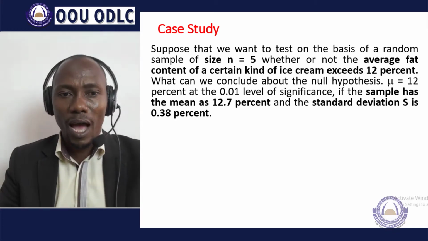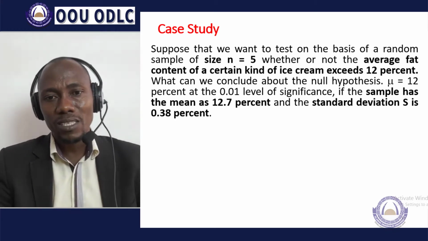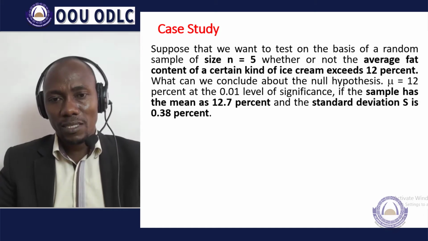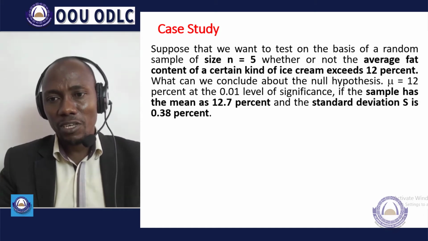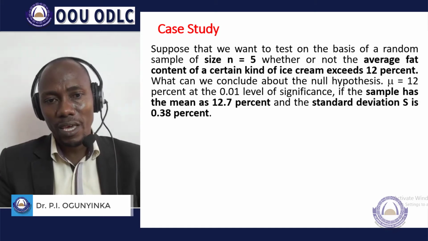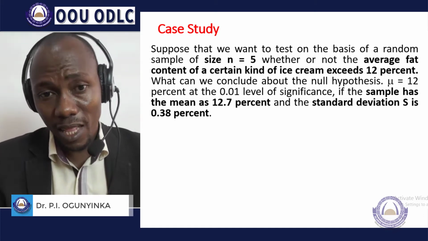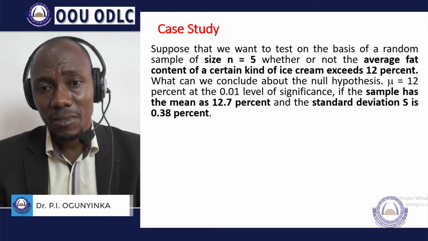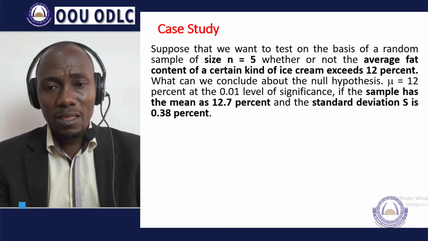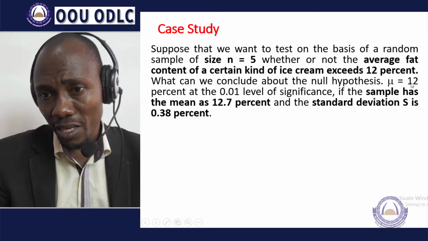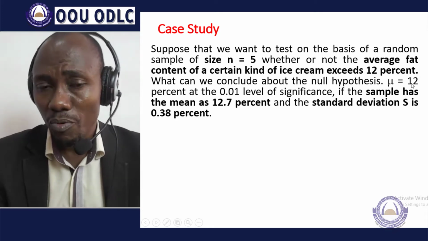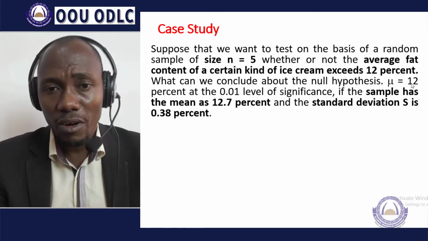If the sample has a mean of 12.7% and the standard deviation S is 0.38%. Here you can see that the sample size is less than 30 and the population mean is given to be 12 and the sample mean is given to be 12.7.